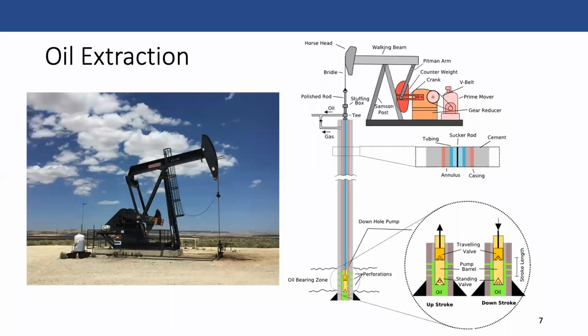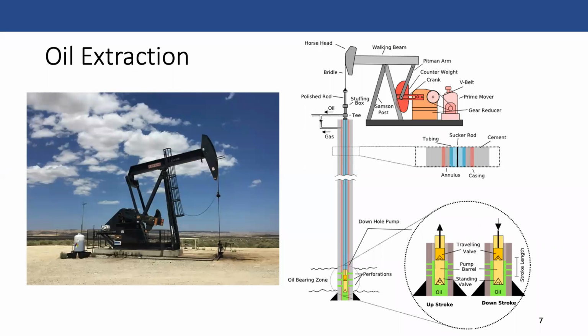I should also mention that one of the other ways that we're extracting oil these days is through fracking. I showed the example in the last lecture about extracting resources from shale for gas, but a lot of that also will contain oil.